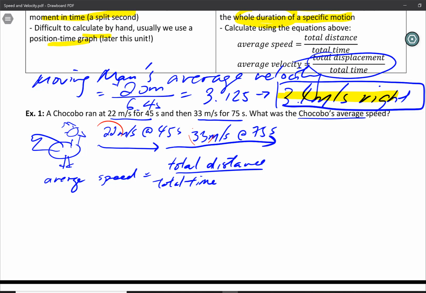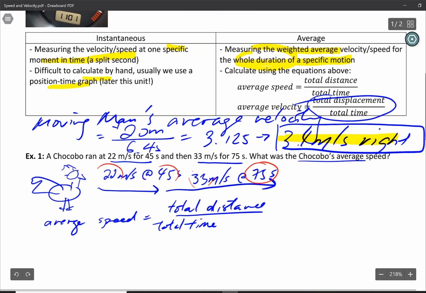That's where we have to be very careful, because notice that he didn't travel for equal time at these two speeds. When we look at the weighted average, it means that you need to weigh 22 meters per second by how much 45 seconds counts during the whole duration of the chocobo's motion.